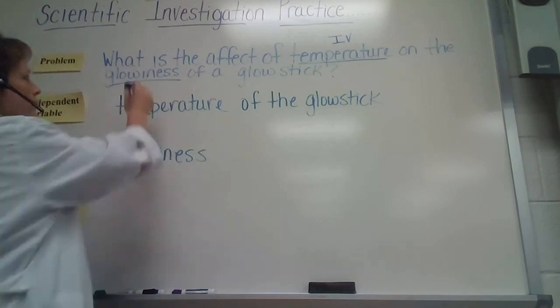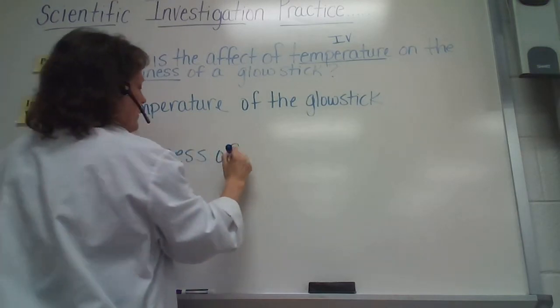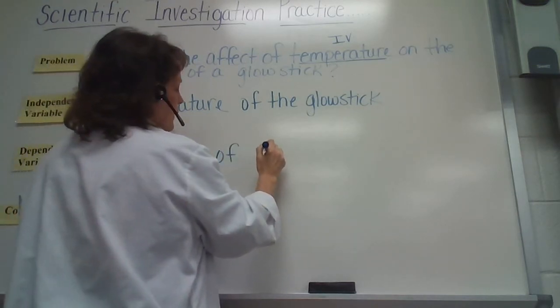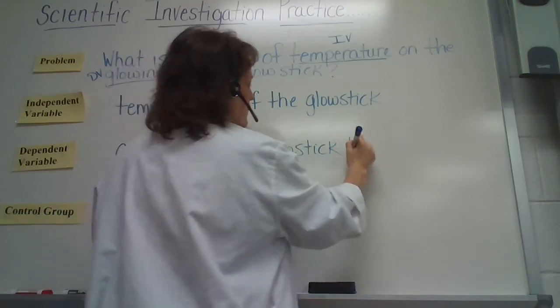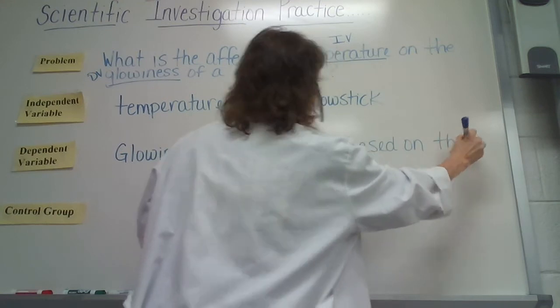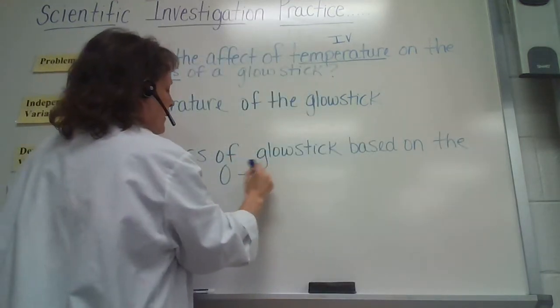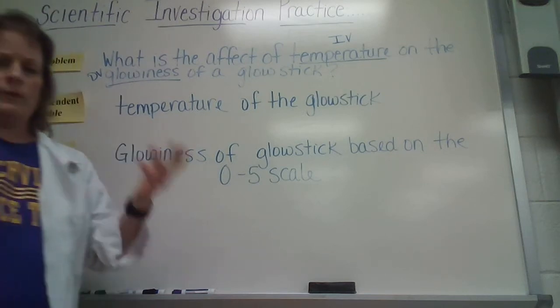There it is, right there in your problem. Glowiness of glow stick based on the 0 to 5 scale that we made. Okay, and we would write that on the board so everybody would be using the same one.